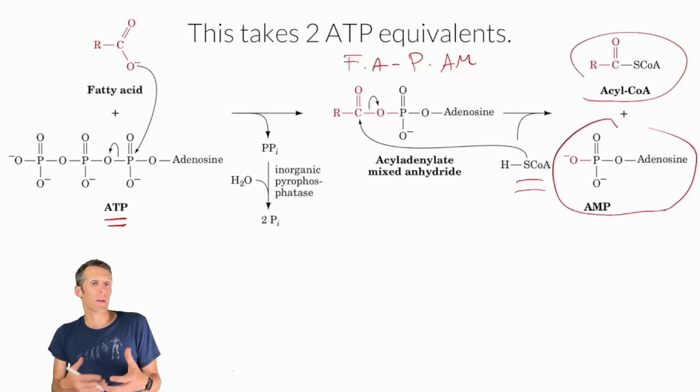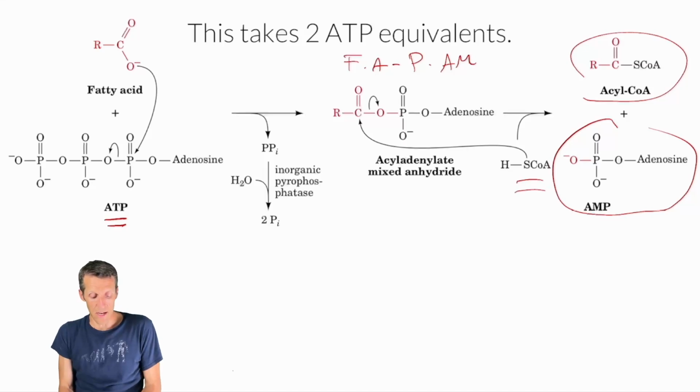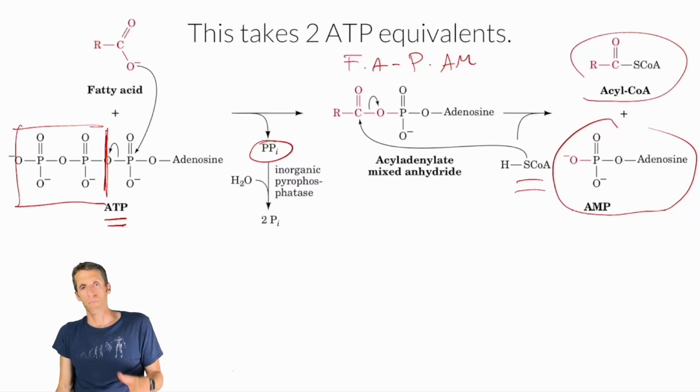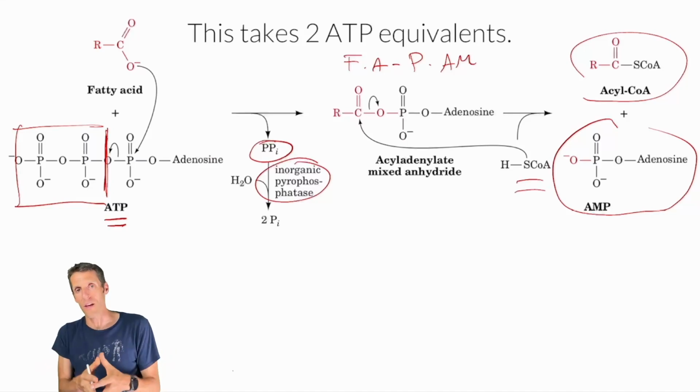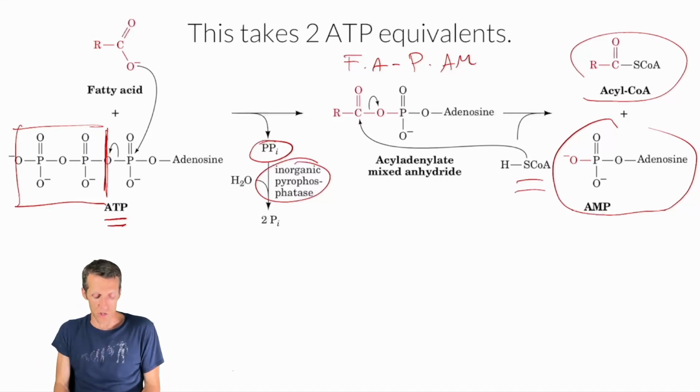The clever bit that gives the big energetic kick is that this kicked off two inorganic phosphates, right? We chopped the ATP into AMP and then this is called a pyrophosphate, the two phosphates put together. And it turns out there's an enzyme that just floats around in cells called pyrophosphatase. It sees these and it just chops them into two inorganic phosphates.